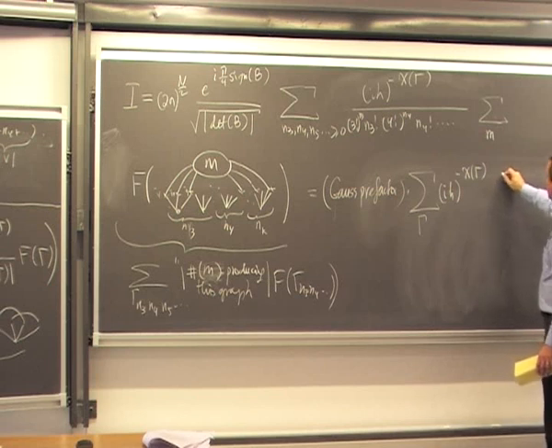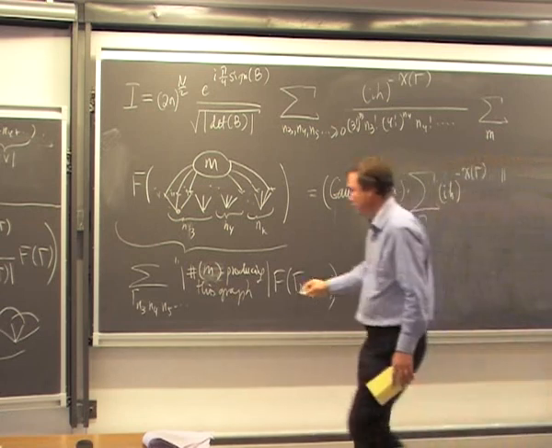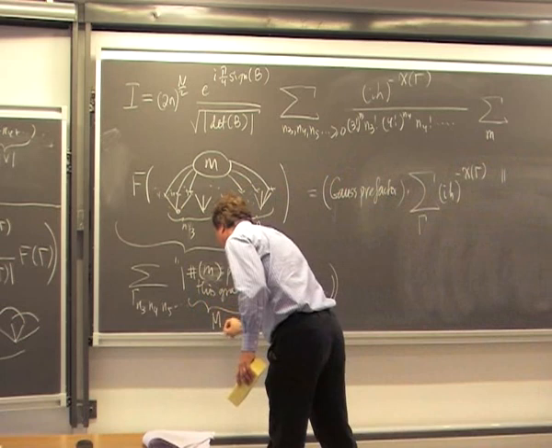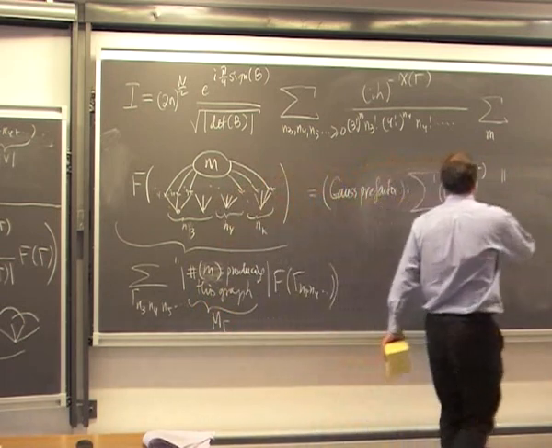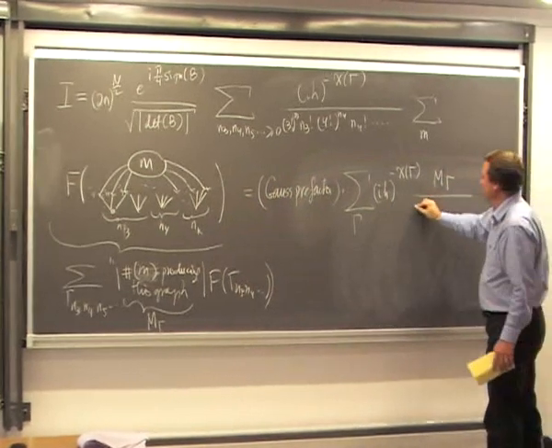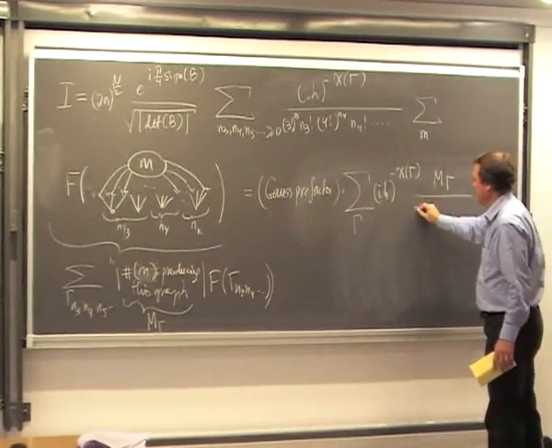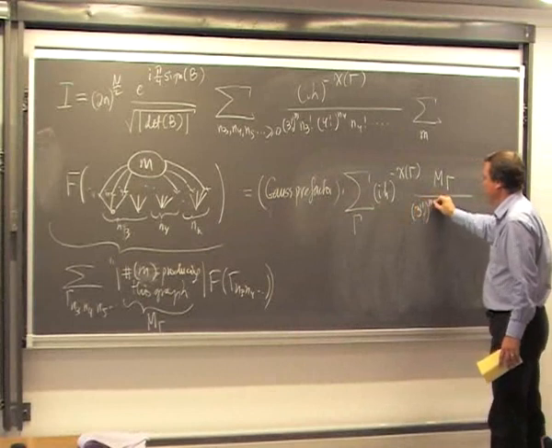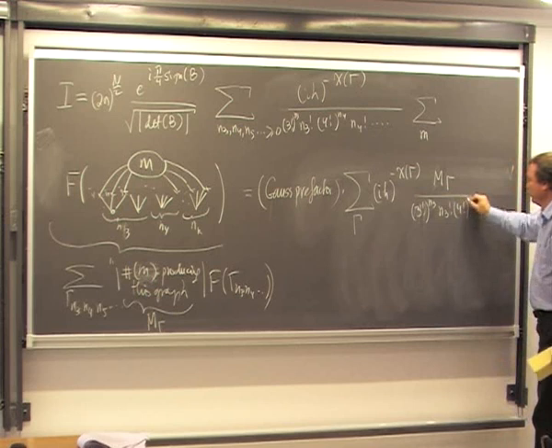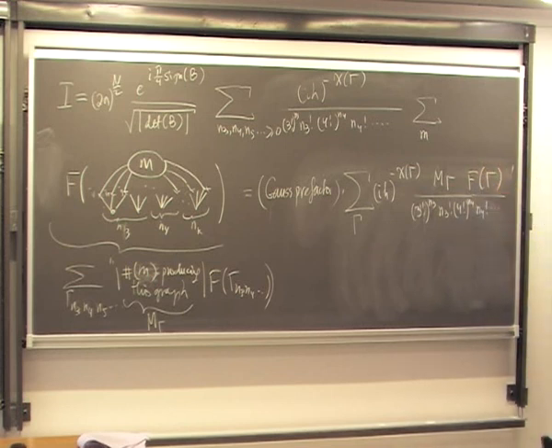And then here we have the factor. This number, let me call it M gamma, divided over 3 factorial to the power n3, n3 factorial, 4 factorial to the power n4, n4 factorial, and so on, and then the weight of the graph itself.